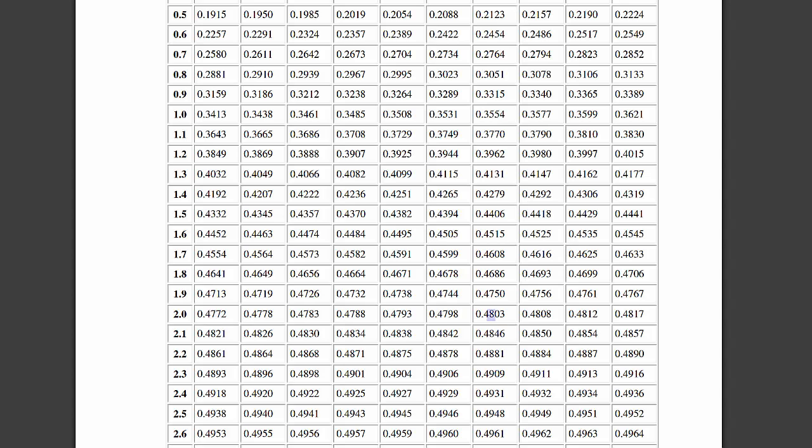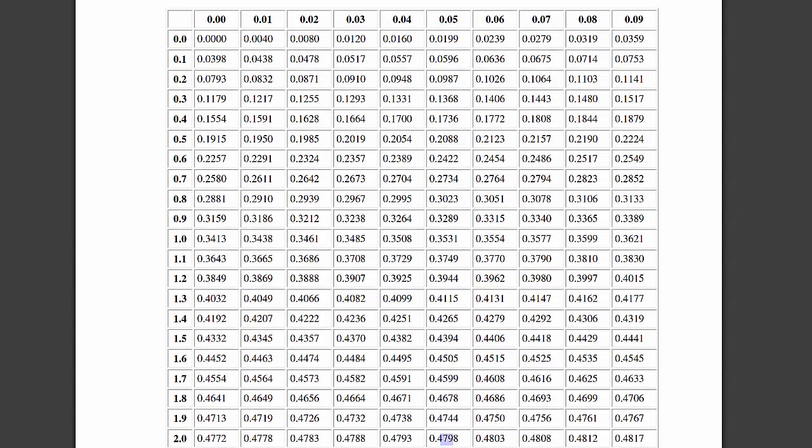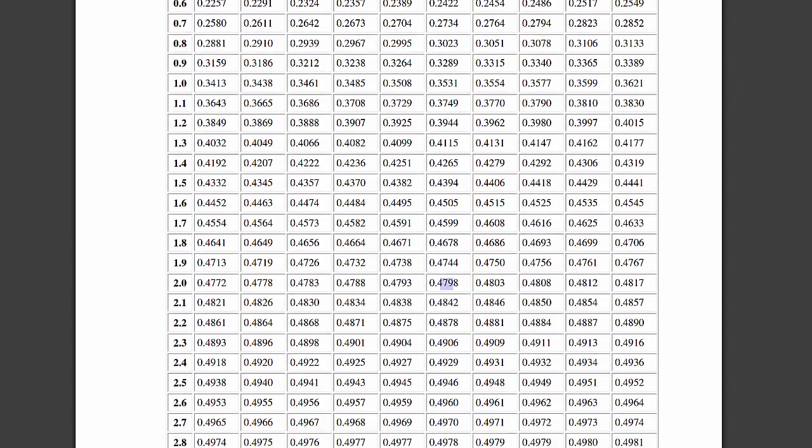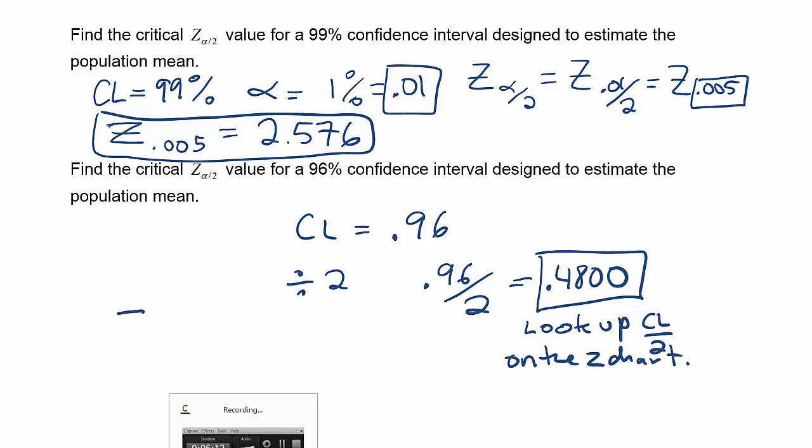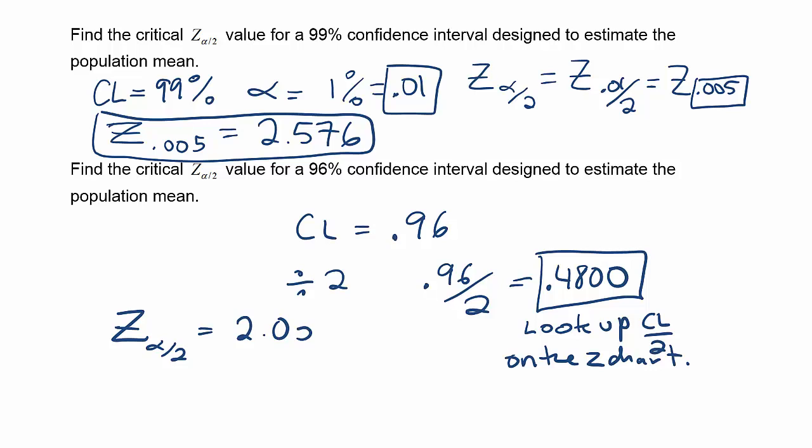This is pretty close, but it's not as close as this number here. This number is actually the closest number. If you count over from that position, you'll see that that's 2.05. Scrolling way to the top, you see it's 0.05 in that column, and of course, it's 2.0 in the front two digits, so 2.05. So our critical z-score, our z alpha divided by 2 value, is 2.05.